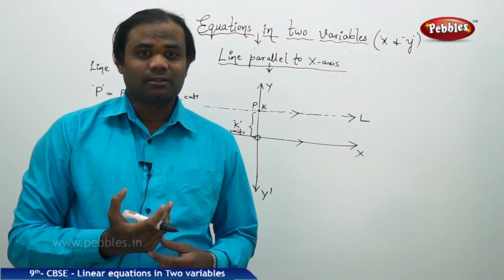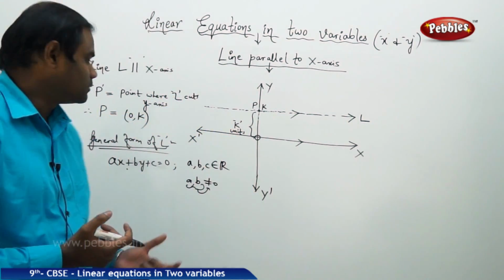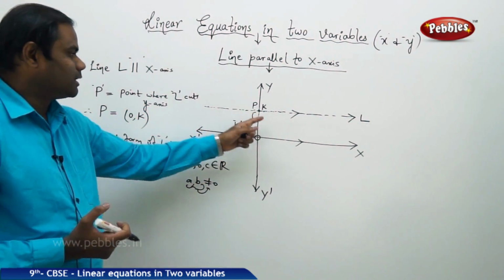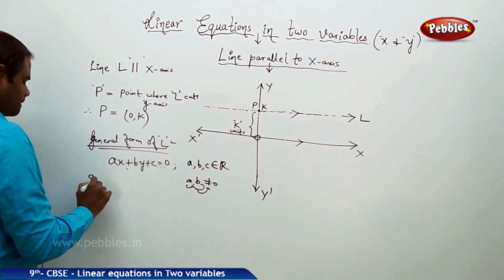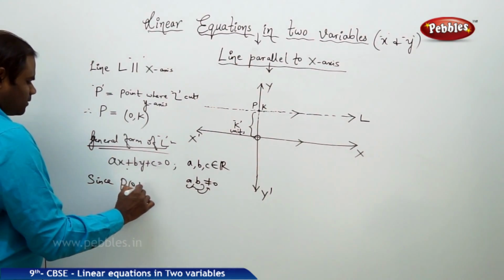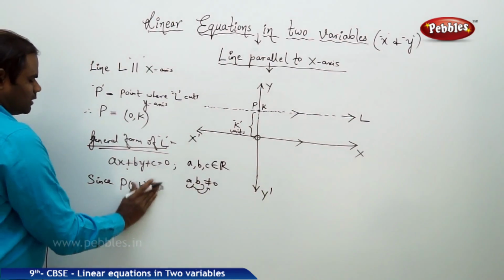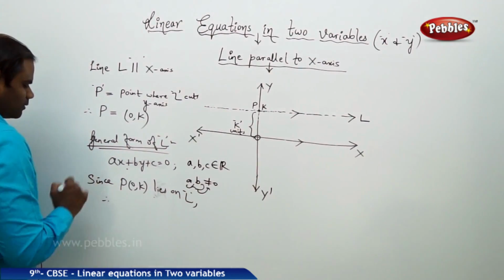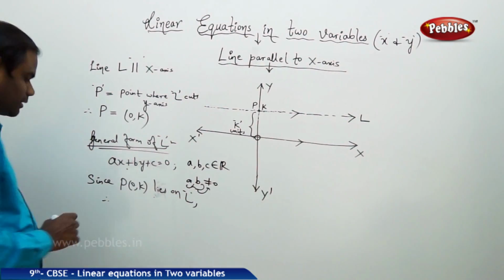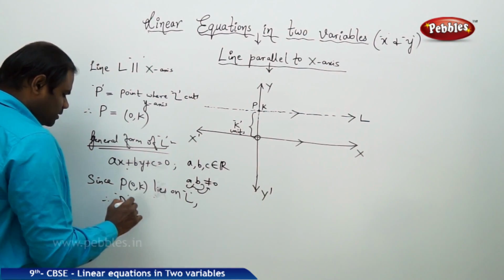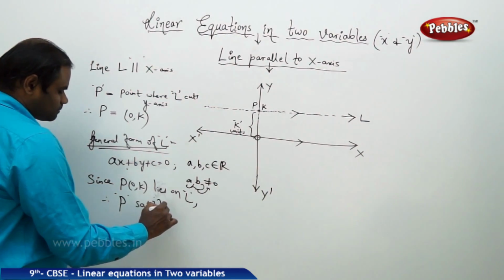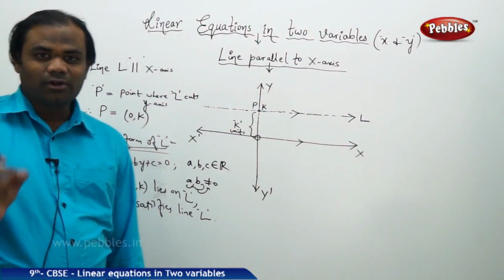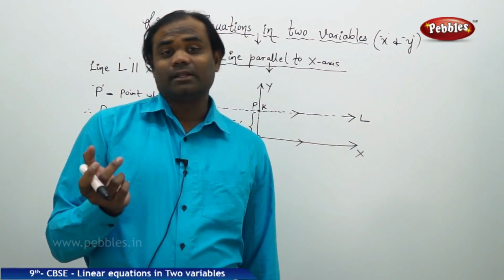Therefore, P lies on L. Since P(0, k) lies on line L, this must satisfy the line L. That is, the coordinates of the point P satisfy the line L.